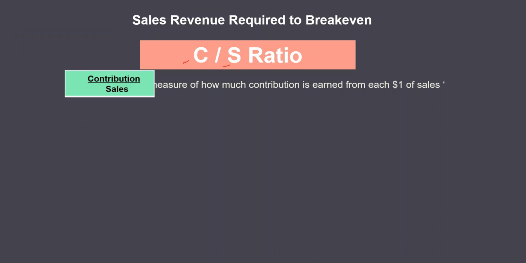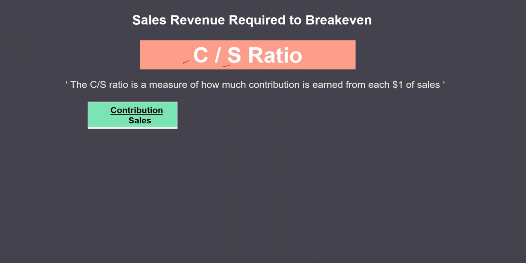So how do you calculate that? The calculation is simply you divide the contribution by sales. So thereby you can calculate CS ratio. So in our previous example, we calculated our contribution per unit. Contribution per unit was 4,000 and our selling price was 8,000.